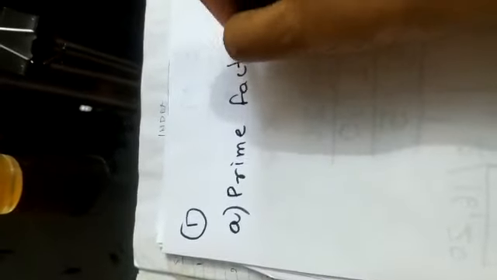Now let us start, children, from question number 1. In question number 1, the fill in the blanks is there. So A, first question: prime factorization of 15 is what?